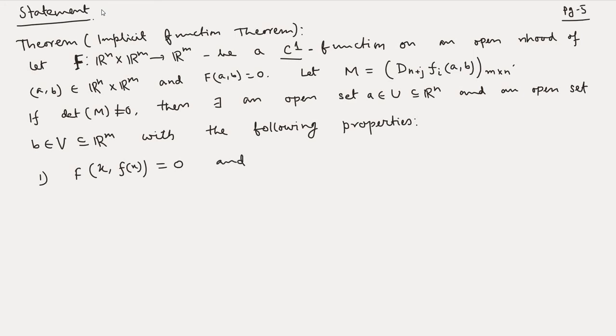and that is, so suppose this is Rn, this is Rm. So here we have point A and here we have point B, so that this is the point AB with F of A comma B equal to 0.